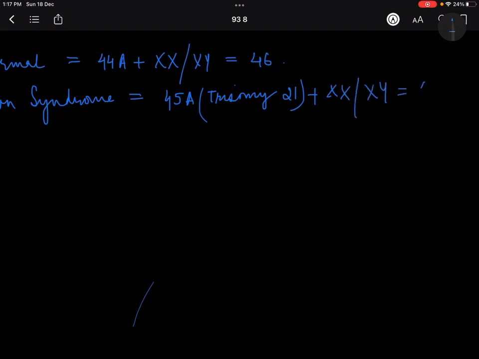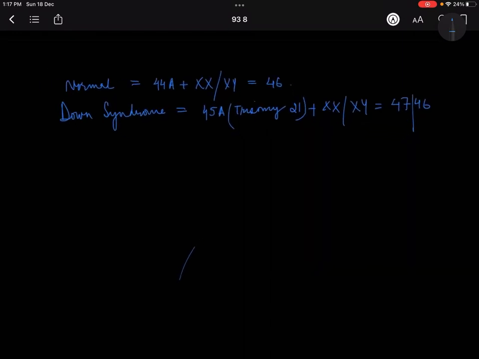So total 47 instead of 46. So this way you can write the karyotype for Patau syndrome and Edward also.